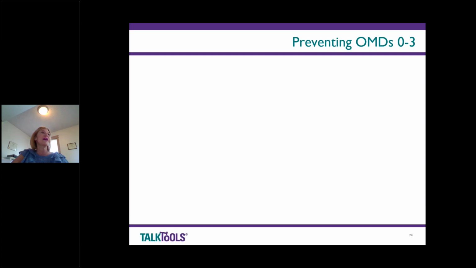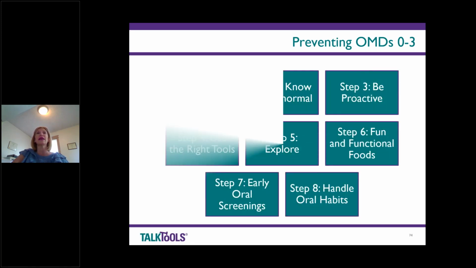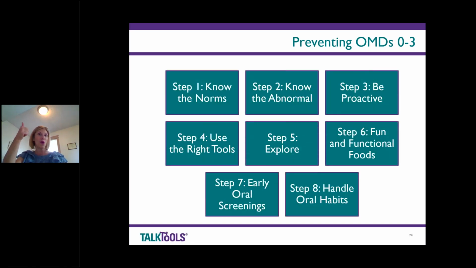So in review, preventing OMD 0 to 3. 1 is knowing the norms. And remember, you can find out these norms through the books and the different references that I've given you. 2, know the abnormal. That takes training as well, taking courses on infant and pediatric feeding disorders, courses on orofacial myology, dentistry, tethered oral tissue.